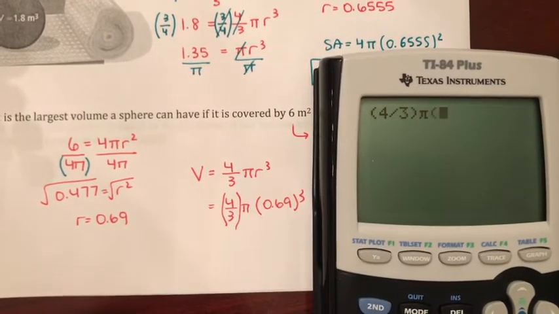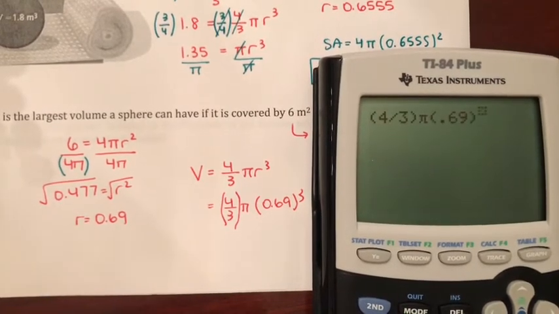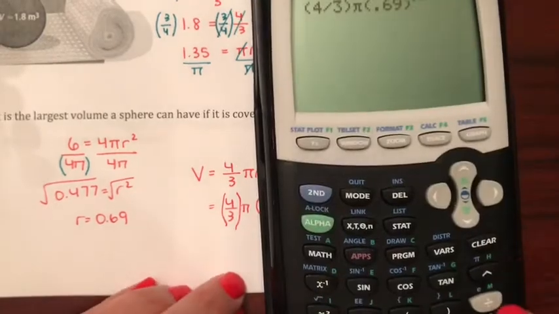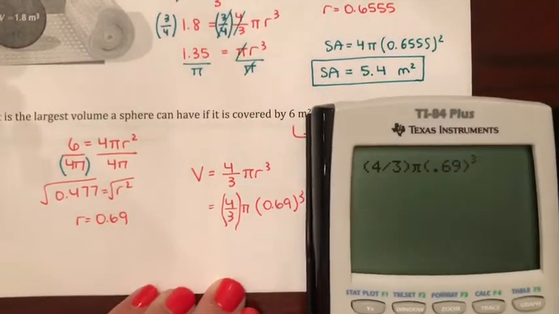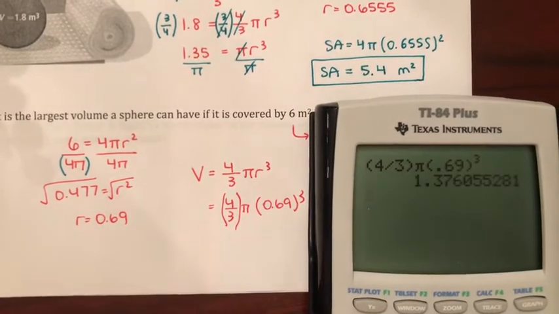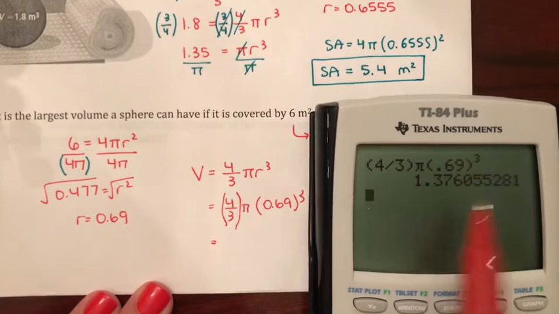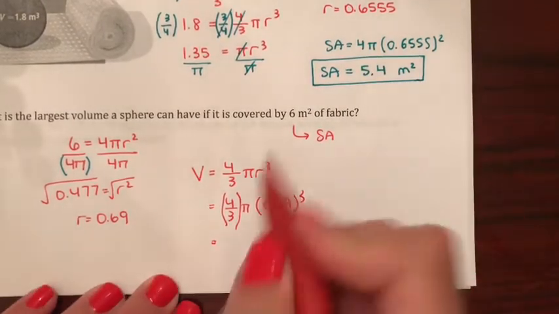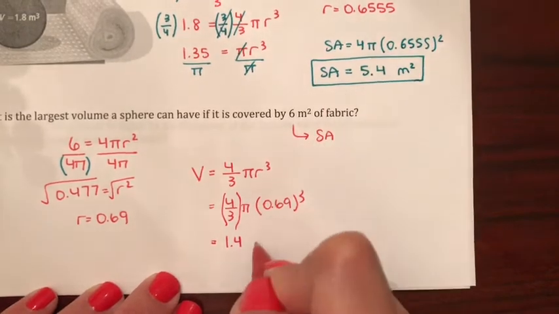Pi, the radius, cubed. Okay, again, to raise it to a power, we're using this button right here and then typing the number 3. So we end up with a volume of 1.376. So that's 1.4, what's our unit? Meters cubed.